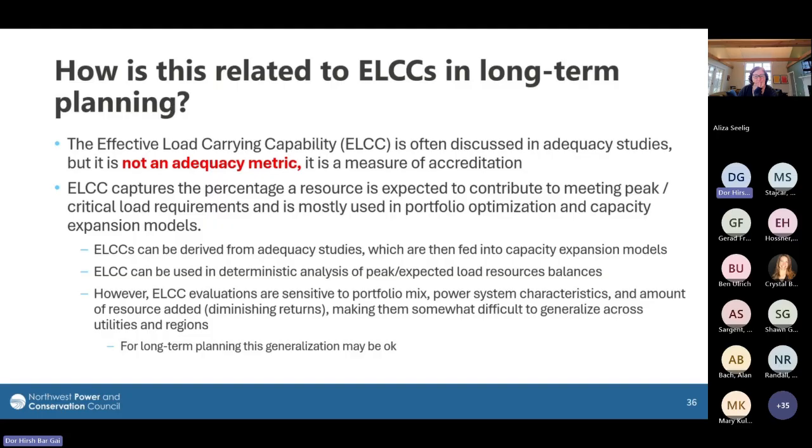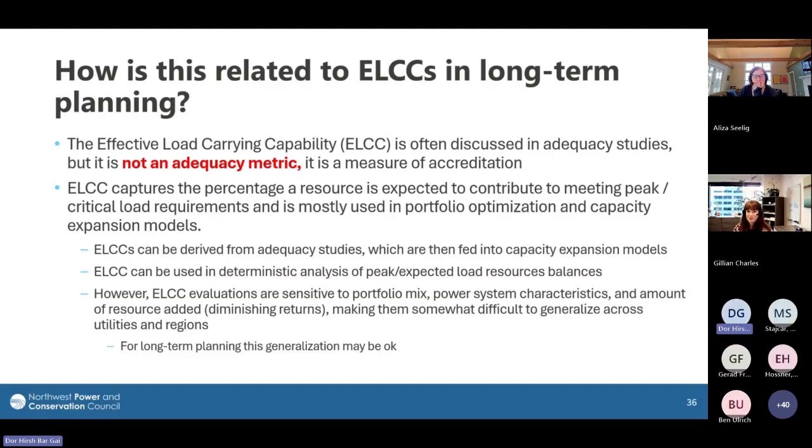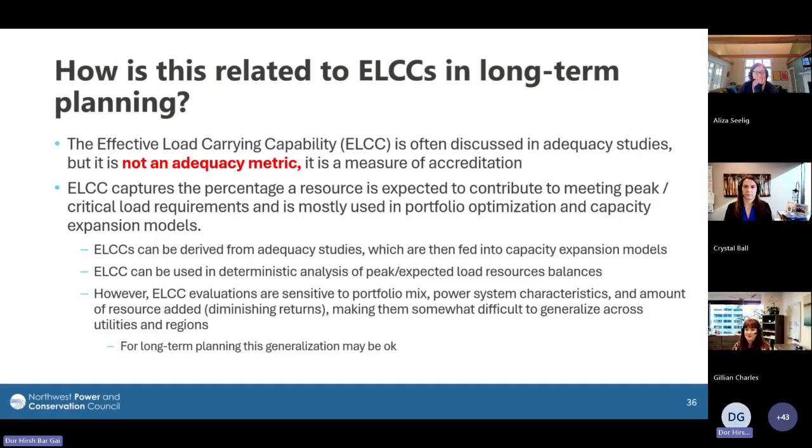You could use them to derive ELCCs from adequacy studies, and then you feed it into other models. You could use them to deterministically analyze your expected load resource balance. However, they are sensitive to your portfolio and the types of resources. The amount of resources added changes them, so there's diminishing returns, and they're a little difficult to generalize.